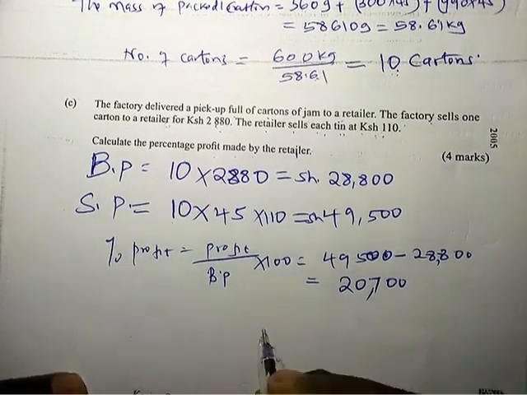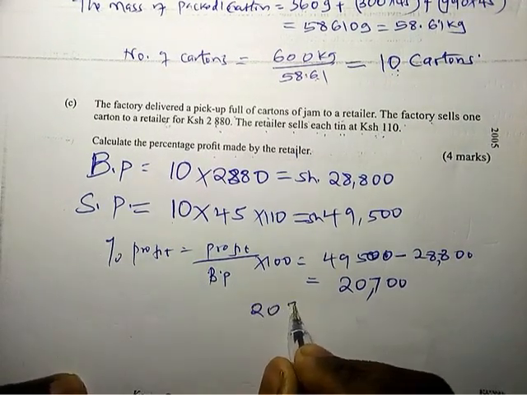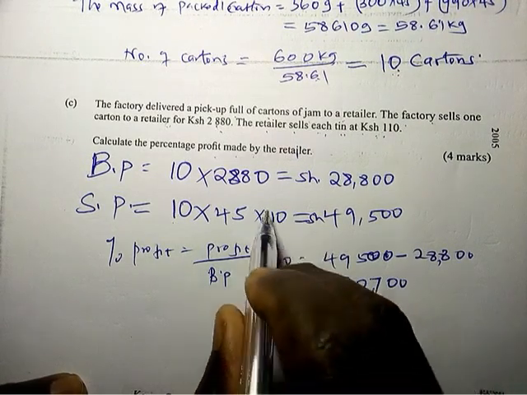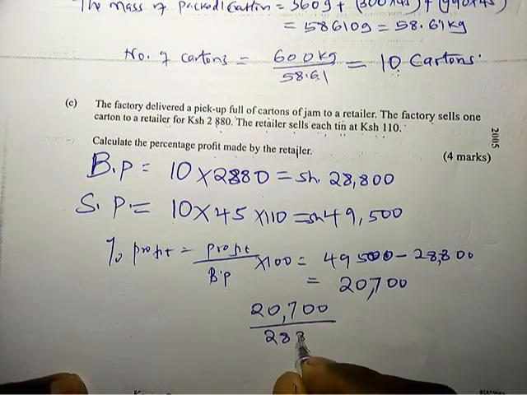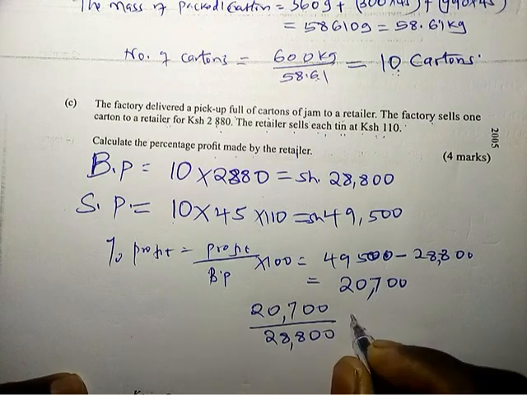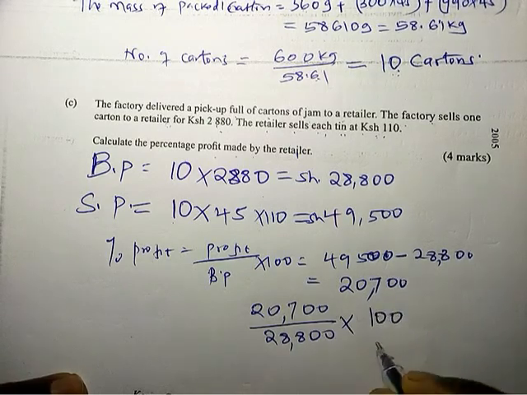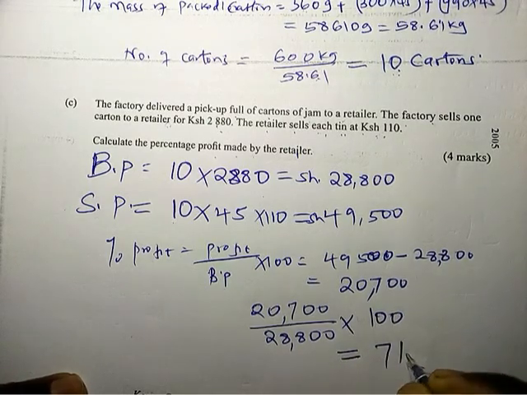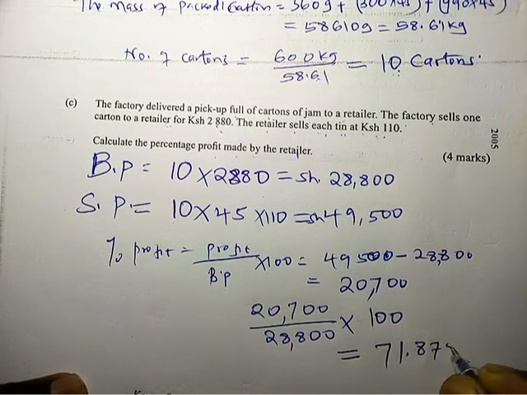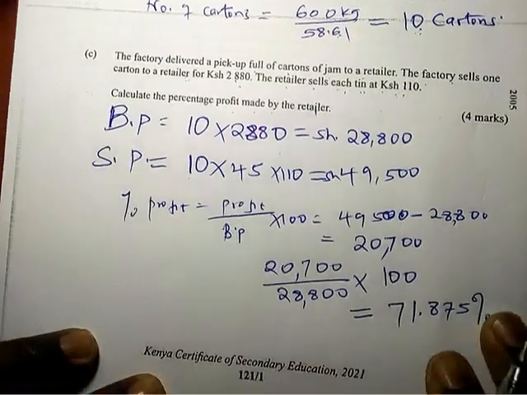So the percentage is 20,700 divided by the buying price, which is 28,800, multiplied by 100. This gives us 71.875%.